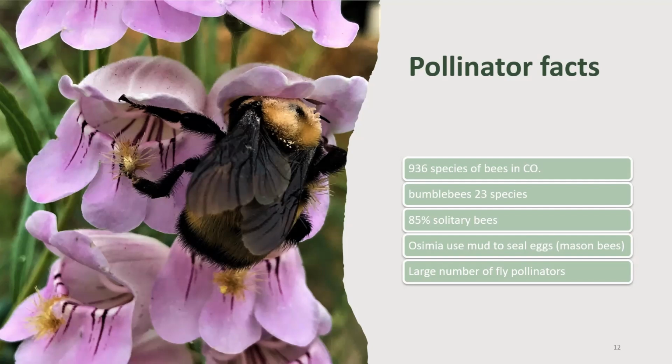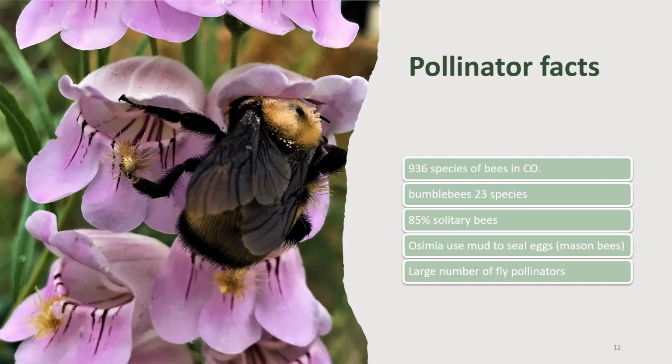There's the osmia or mason bees that use mud to seal up tubes where they lay eggs, and the leafcutter bees will roll up leaves and stuff them into tubes. And those are the kind of bees that are supported by the bee houses that are for sale.